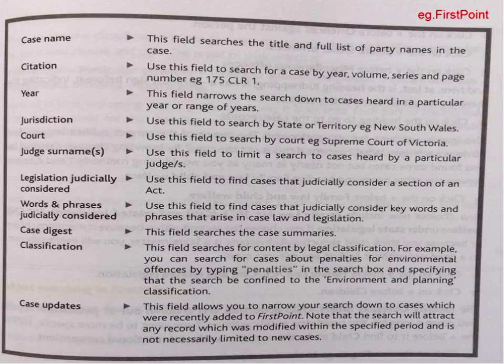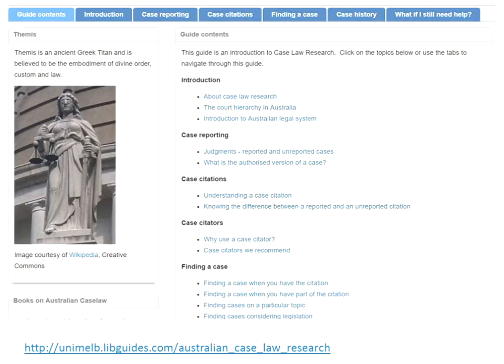You can search for a case name, for a citation and the year, the jurisdiction, court, the judge's name, where the legislation was judicially considered or words and phrases judicially considered, the case digest, the legal classification, etc. So it is worthwhile understanding how the case is structured because that will help you in your research activities.